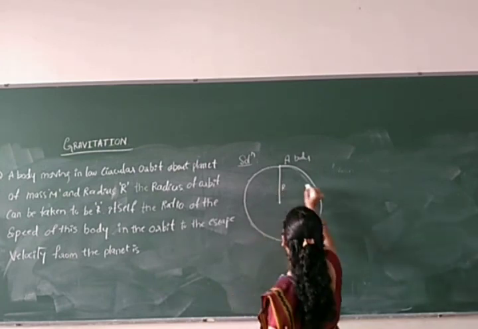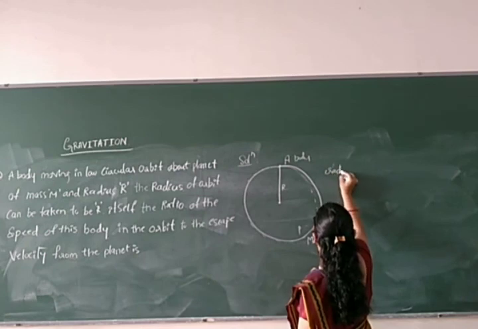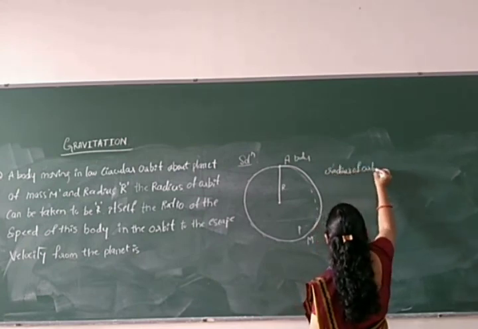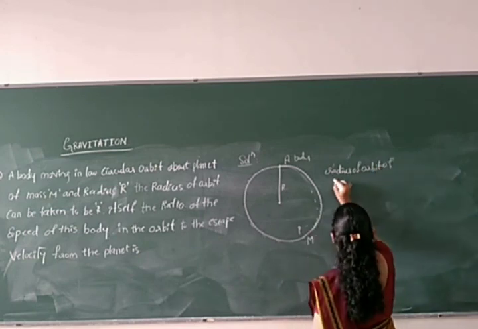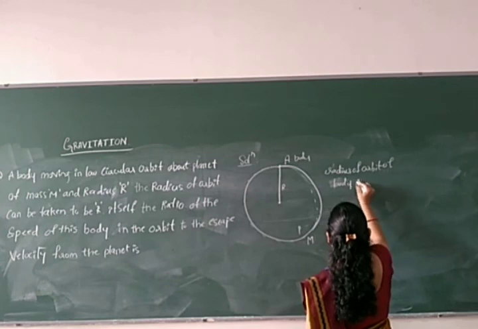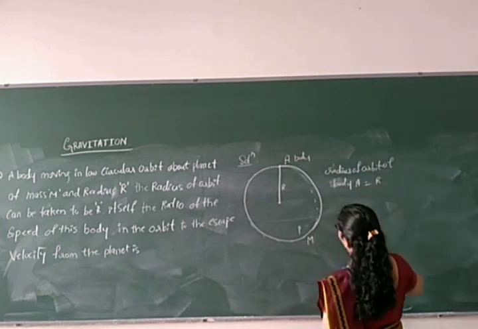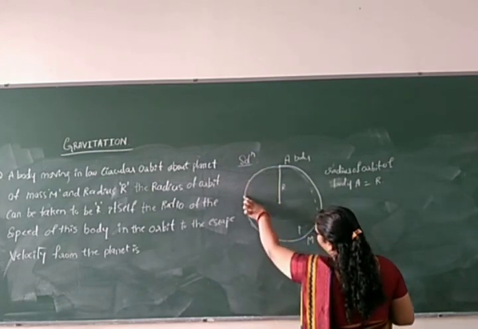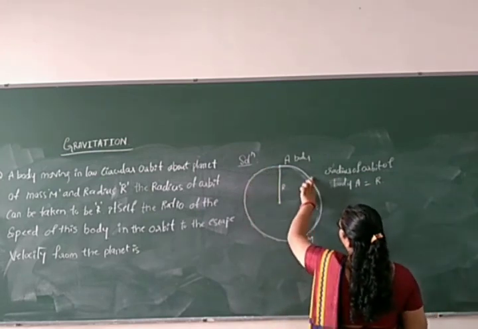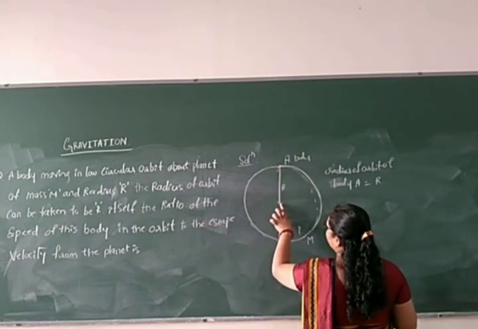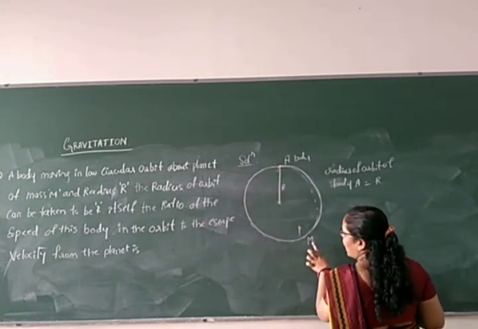The radius of the orbit of body A is also taken as r only. This means the body is revolving on the planet, where its radius is also taken as r, where r is the radius of the planet whose mass is m here.